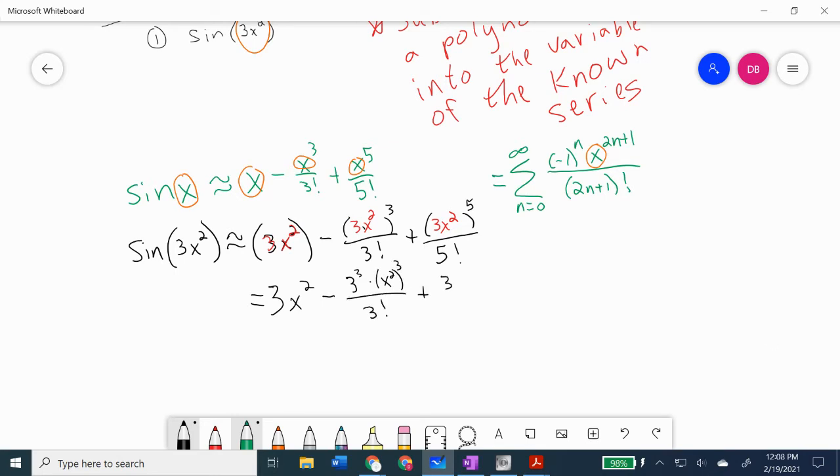And I'm doing this slowly to make sure that I clarify for you the rules you need to remember. Because that's one rule. The next rule you need to apply is when you have a base to a power, what do you do to the exponents?